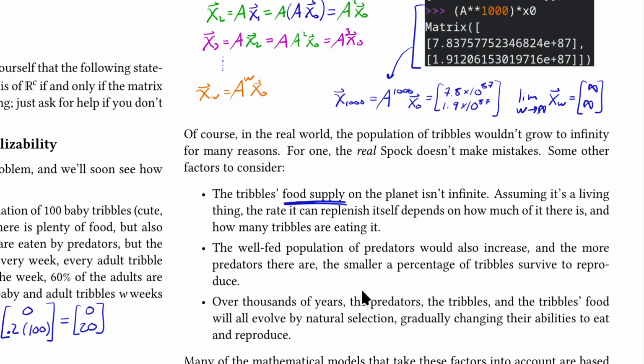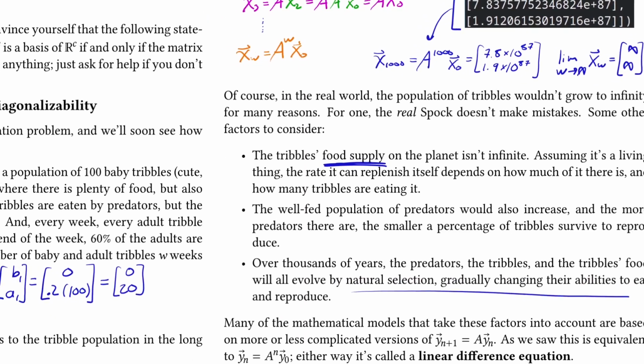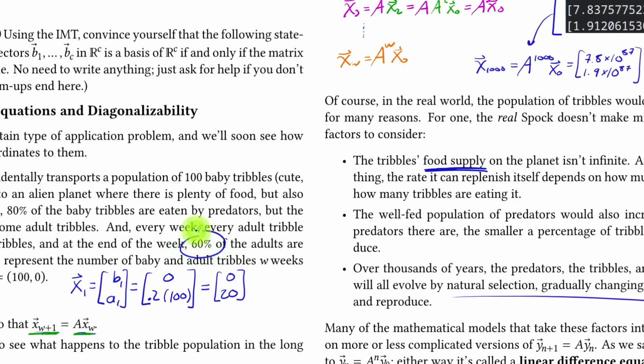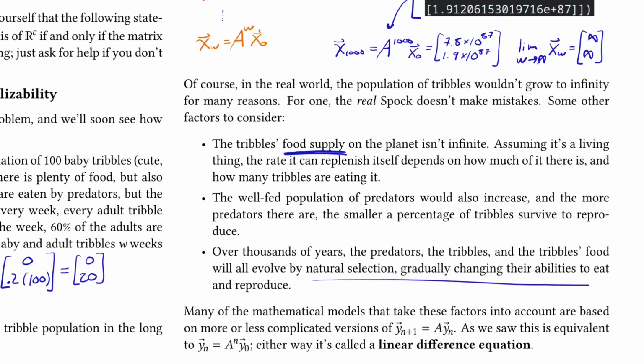And also, over thousands of years, there would be evolution happening, so their abilities to eat and reproduce would be changing as well. And so maybe this isn't always going to be 60%. All of these things can be represented by more complicated versions of this kind of linear difference equation.